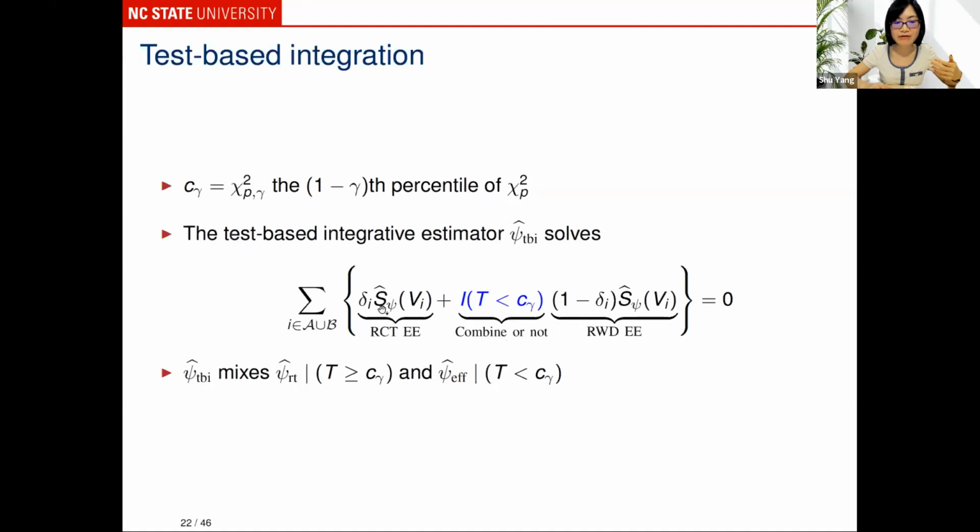In this case, we have the RCT estimator. So this strategy leads to the test-based integrative estimator, which solves this estimating equation and actually mixes two estimators, depending on whether the test rejects or accepts the hypothesis. It chooses between the RCT estimator and the efficient estimator.